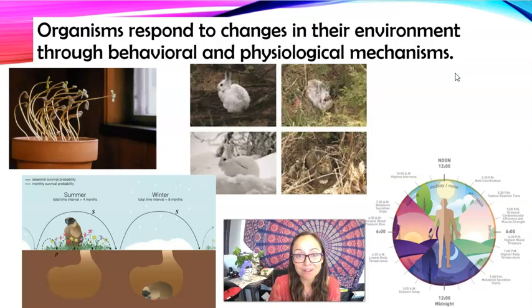You have circadian rhythms, syncing your gene expression and your hormone levels to the rise and set of the sun. We have changes in gene expression with, for example, fur color in animals that live in the Arctic. You could have a variety of questions that might come up from this. It's a pretty vague or general topic.